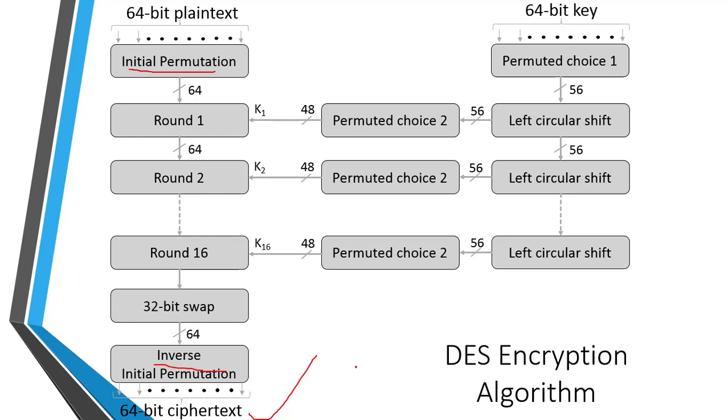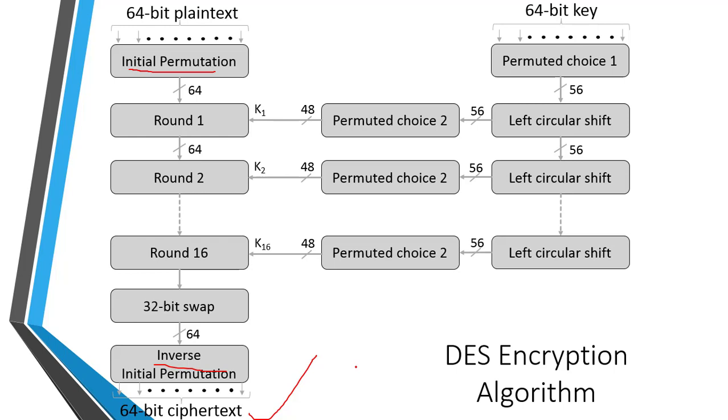The output of round 1 is given to round 2. The output of round 2 is given to round 3, and so on until round 16. And at last, the output of round 16 is swapped, that is, the 32-bit swap operation is applied, and at the end, the inverse of the initial permutation operation is performed, and then we get our ciphertext, which is 64-bit long.